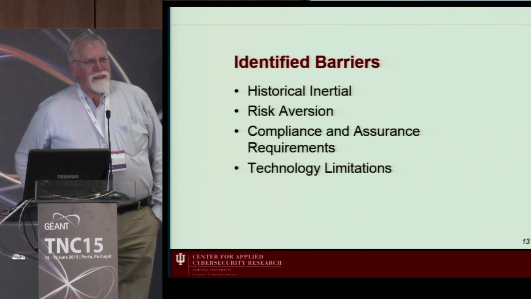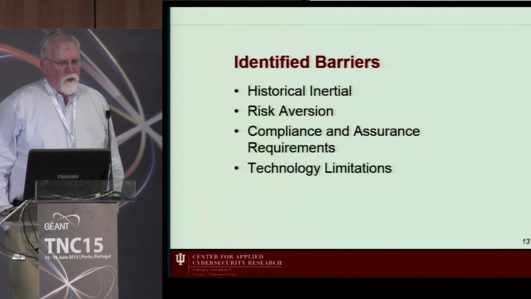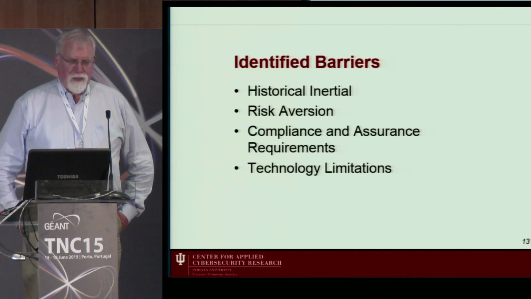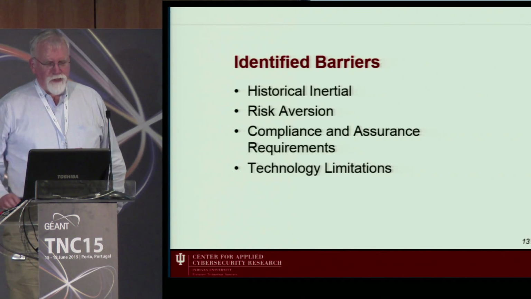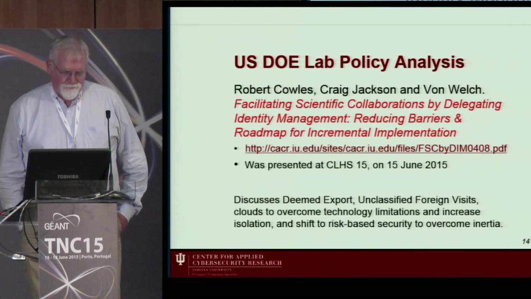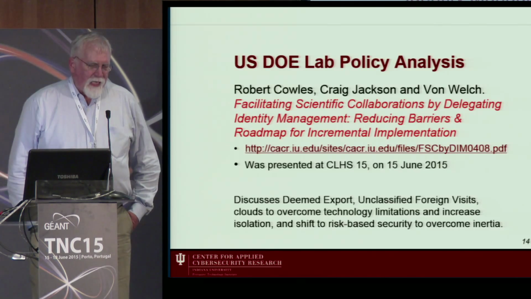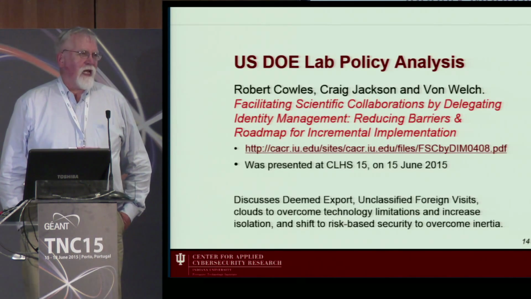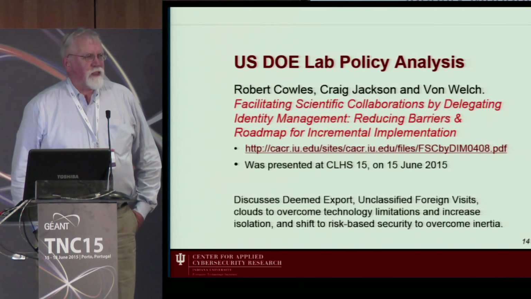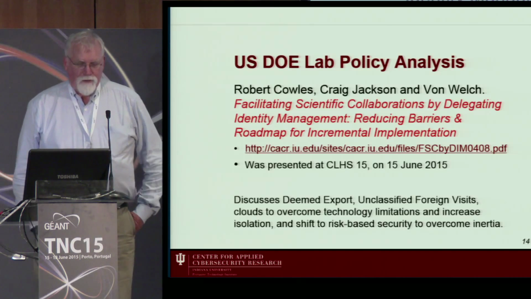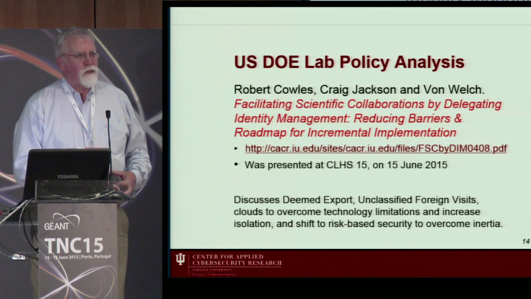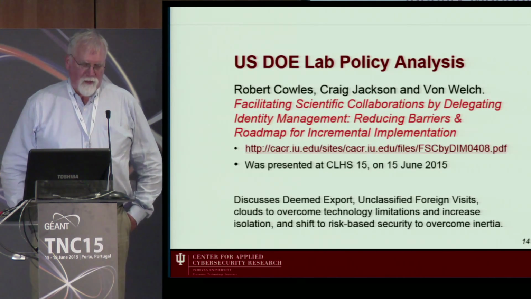So we identified a number of barriers. There's, of course, historical inertia, aversion to risk, that's always a big one, and compliance and assurance requirements, and technology limitations. And we produced a paper. In a sense, it's sort of US-centric, and it's kind of aimed at some of the objections that the Department of Energy labs in the US had about how difficult it would be to adopt some sort of transitive trust model.